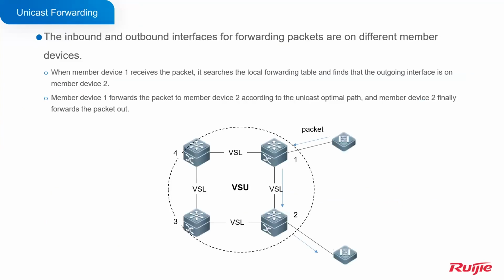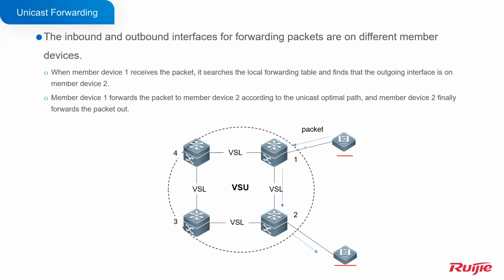Another forwarding is unicast forwarding. That means when we receive the message, we find the inbound interface and outbound interface for forwarding packets are on different members. Because on the physical topology, we will find they connect with two switches, right? But logically, we will find we connect with one logical switch.